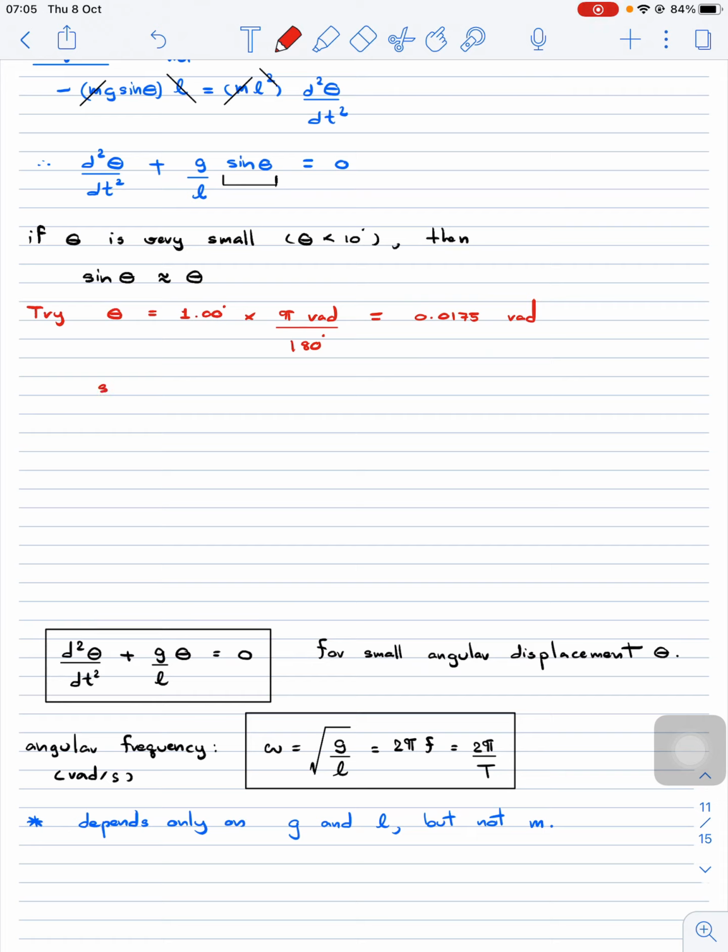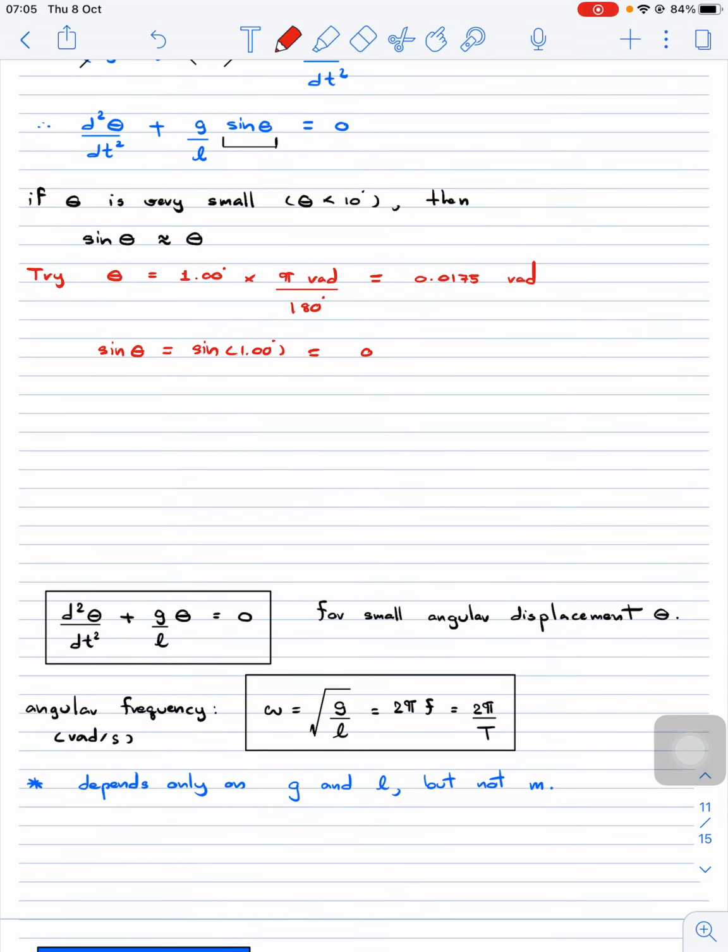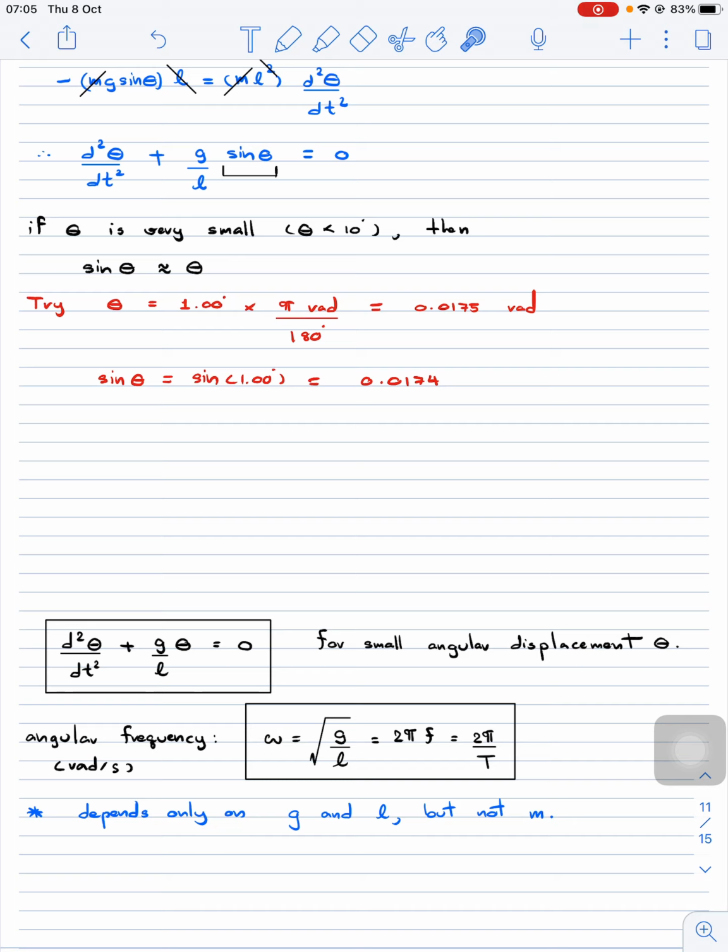So how about the sine theta? The sine theta is equal to the sine of 1.00 degree. Plug in the number and use the calculator, and we get 0.0174. So you can see that if theta is quite small, for 1 degree here, theta in radians is 0.0175 and sine theta is 0.0174, which is quite the same.